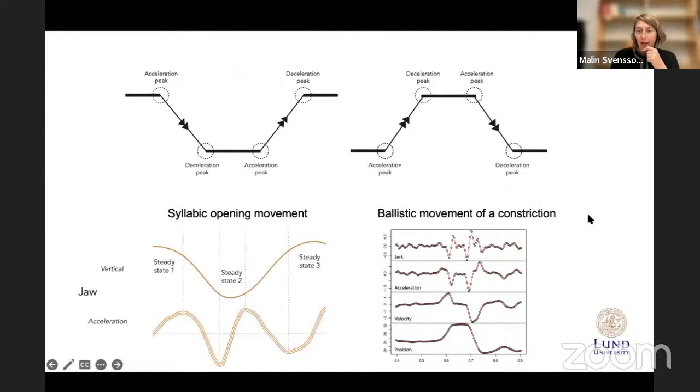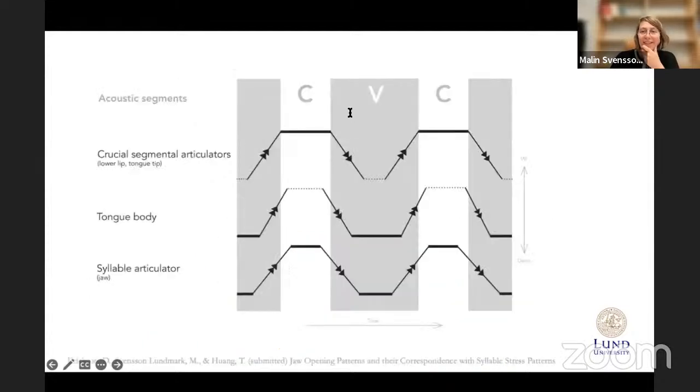But what happens when these different types of movement are combined is when it really becomes interesting. And this is what we still need to figure out. So here's a stylized picture where the thick solid lines are these postures, the slow intervals of speech, and the arrow signifies the fast intervals of the articulators.